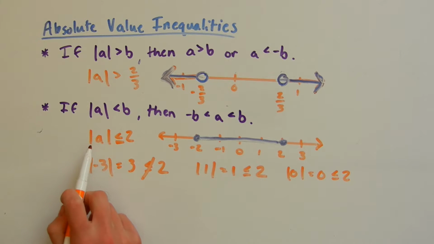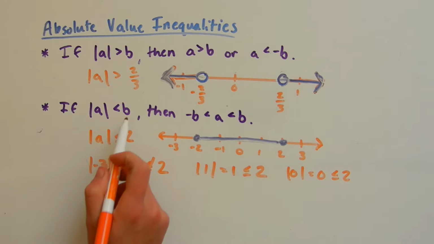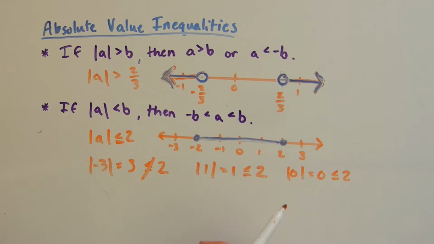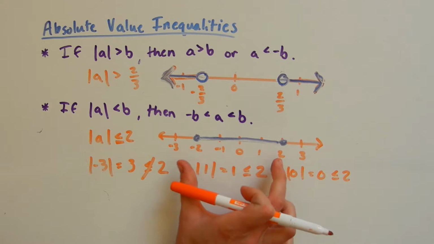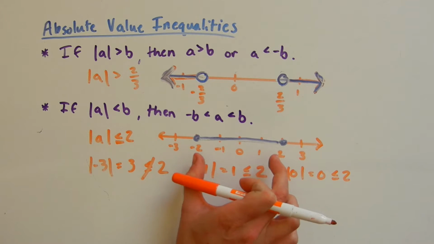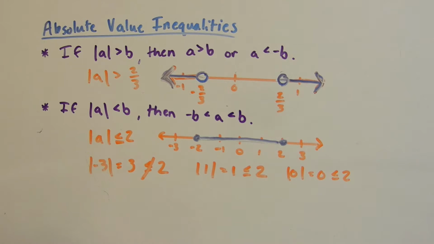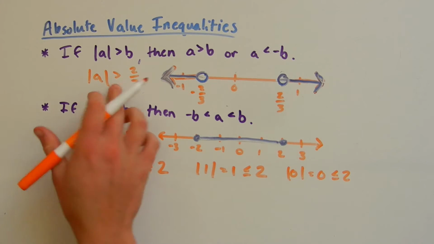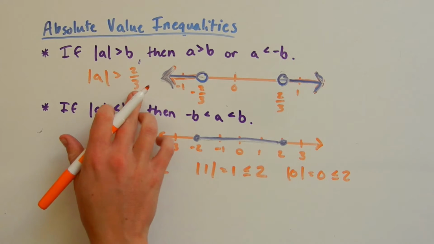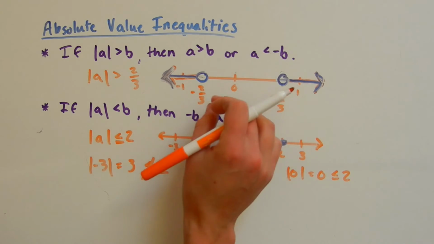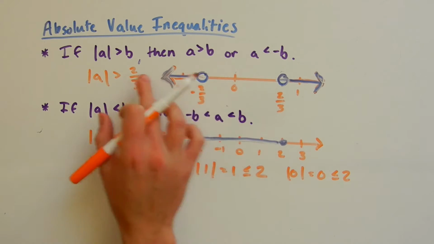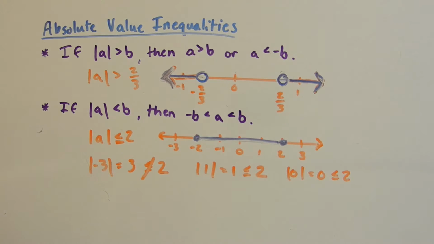So when the absolute value is less than or equal to another value, we're going to shade in that middle region. When the absolute value is greater than or equal to another value, we're going to shade in past that middle region.